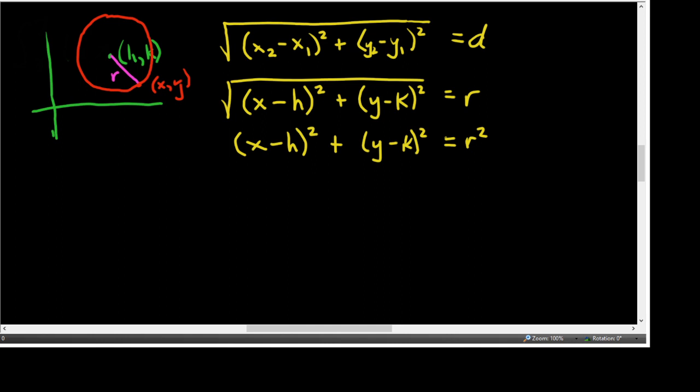That's going to be the quantity x minus the x-coordinate of the center of the circle, x minus negative 3, which we'll generally rewrite as x plus 3, quantity squared, plus y minus k, which is 4 in this problem, quantity squared, equals r squared. Since the radius is given to be 6, 6 squared is 36. And that's the equation of the circle that we were asked to do.